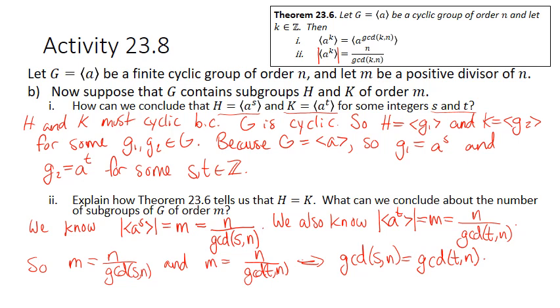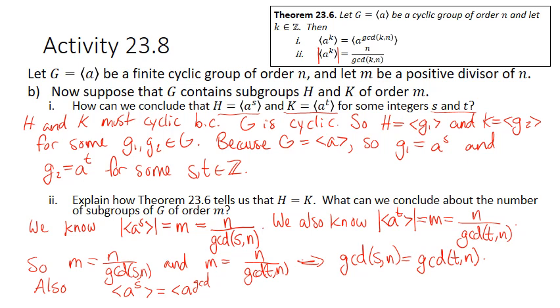Okay, and then the next part's a little bit tricky to see as well, but now we can use part 1 of theorem 23.6. So I'm going to substitute in S for K. So the cyclic subgroup generated by A to the S is the same as the cyclic subgroup generated by A to the GCD.